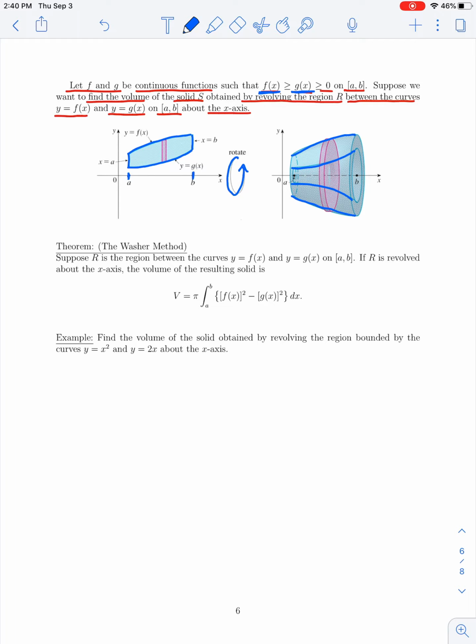Because this region between the two curves did not come in contact with the x-axis, there's a hole going through the center of our solid. So it's sort of hollowed out through the middle. In general, it looks something like this.